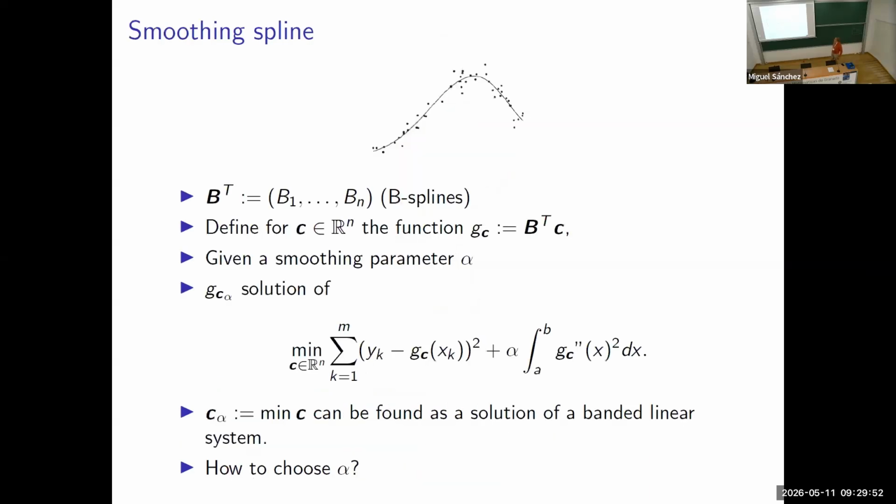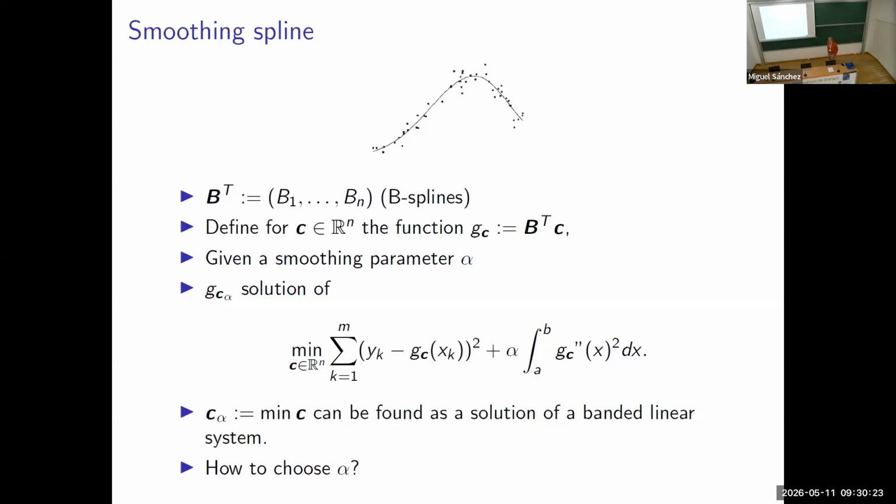So for a smoothing spline, you typically have n basis functions, which typically could be B-splines, and you want to find a function, a linear combination of the basis functions, which minimizes both the sum of least squares plus a smoothing term: a constant alpha times the integral of the second derivative squared.